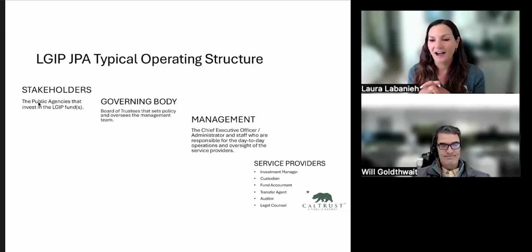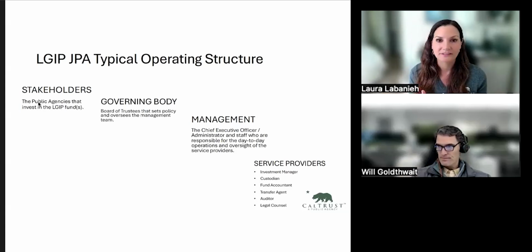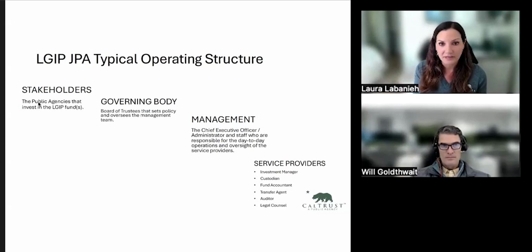Okay, great. The management. So this is the day-to-day oversight, the operations of the Joint Powers Authority program. So these are who has direct oversight on a day-to-day basis of the service providers, who is servicing the shareholders every day, who is reporting up to the governing body.